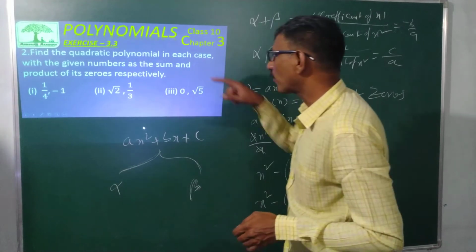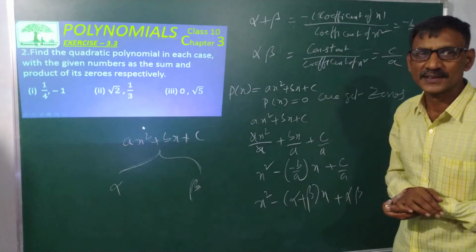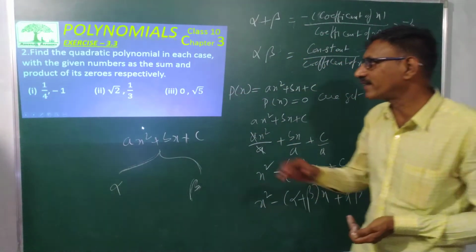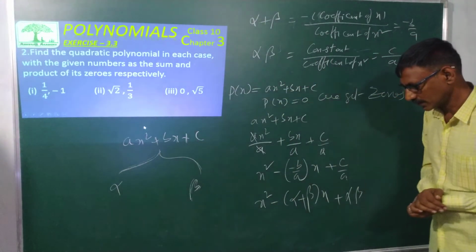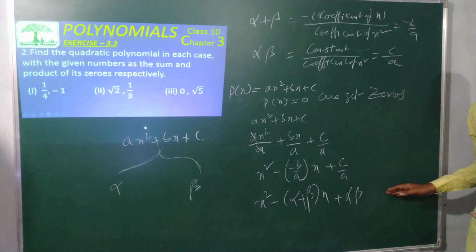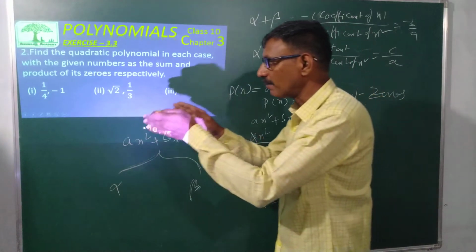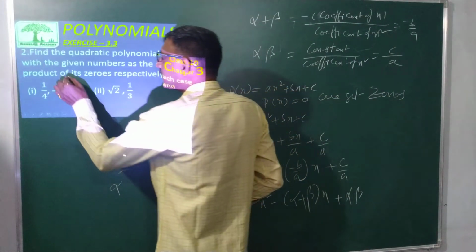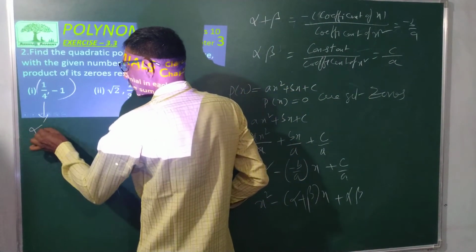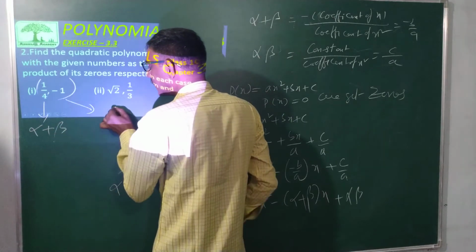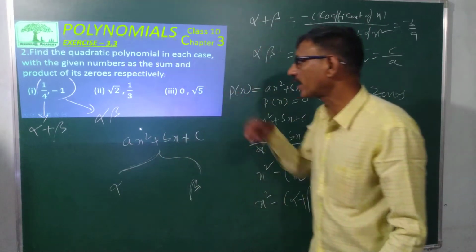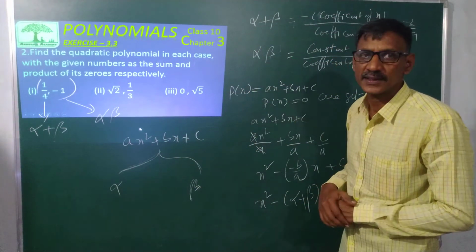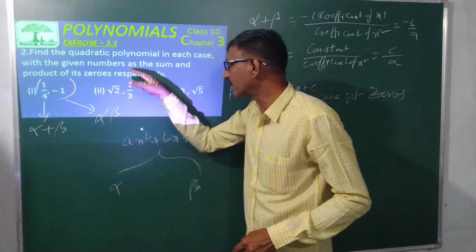Find the quadratic polynomial in each case with the given numbers as sum and product of zeros respectively. See, this helps to find my quadratic polynomial because the sum and product are given. By observing this pair, this is the sum, alpha plus beta, and this is alpha beta.